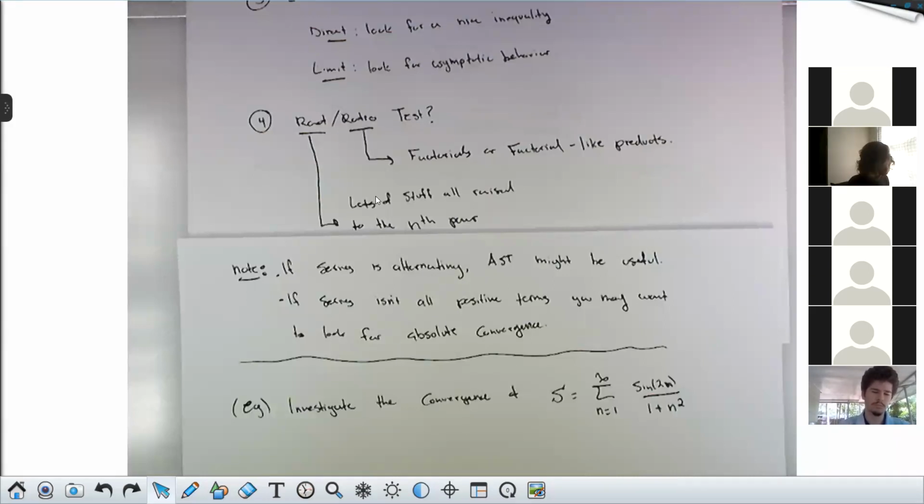At a glance, I see the n squared downstairs, and I know that the top, sine of whatever, sine of 2n in this case, is bounded. So my intuition right away is that this probably converges. The top is bounded, no bigger than some constant. The bottom is like n squared. But I can't use a direct comparison here.